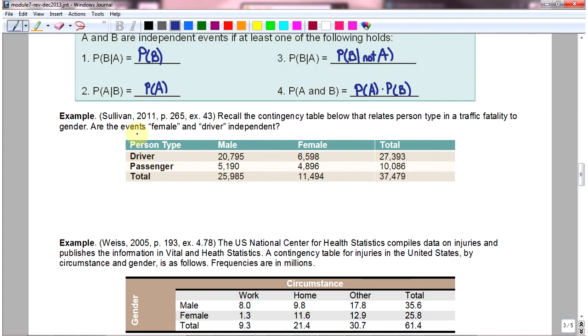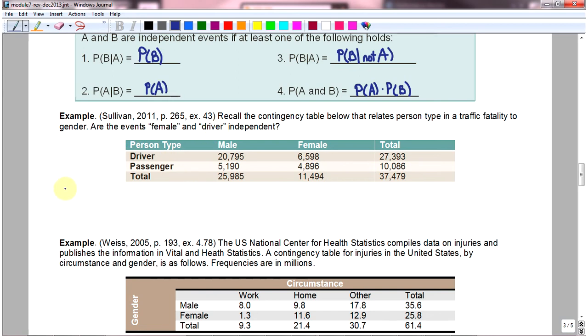So recall the example that we were working on before with the contingency table that shows the type of person in a traffic fatality. And we want to know, are the events female and driver independent?